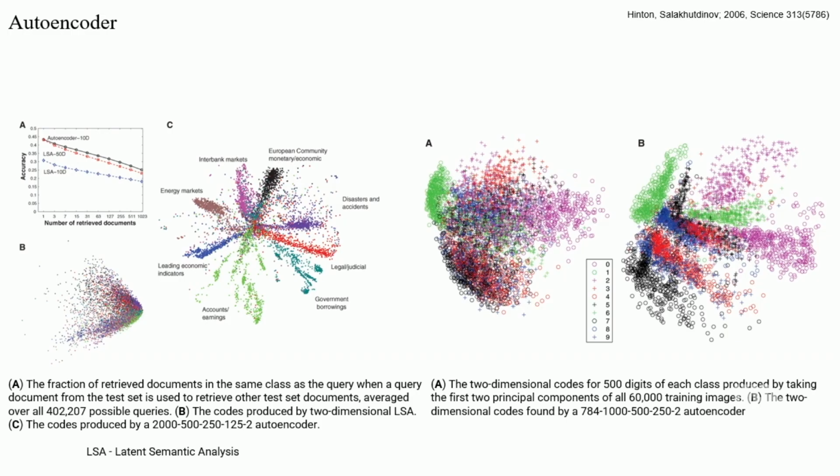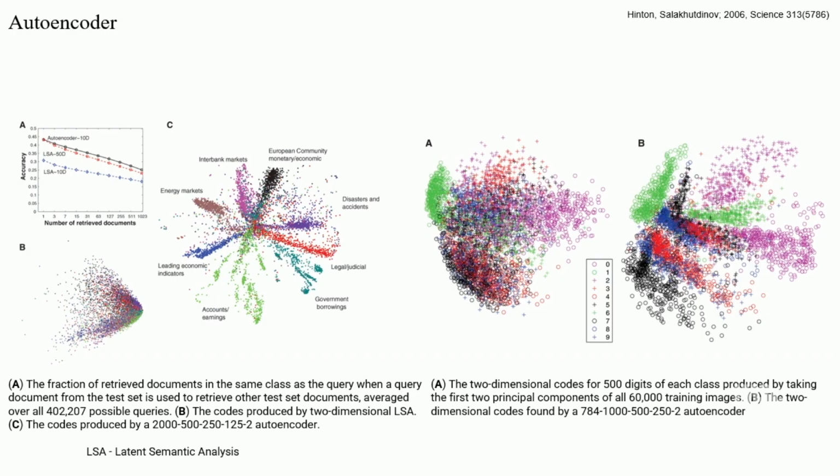This is searching for documents through queries, and it can very nicely segregate out properly when compared to something called latent semantic analysis. I don't know what it is. PCA, you have heard of PCA, like in Anindya's talk as well. So this is PCA on the MNIST data set.